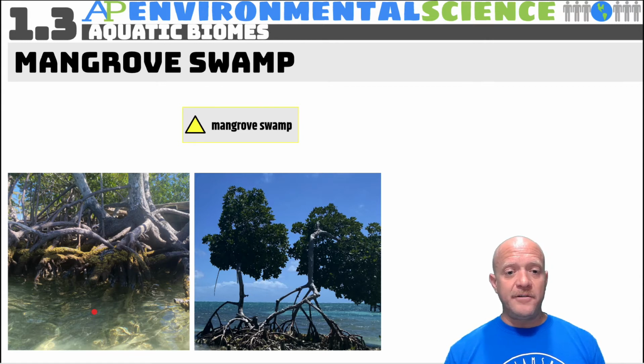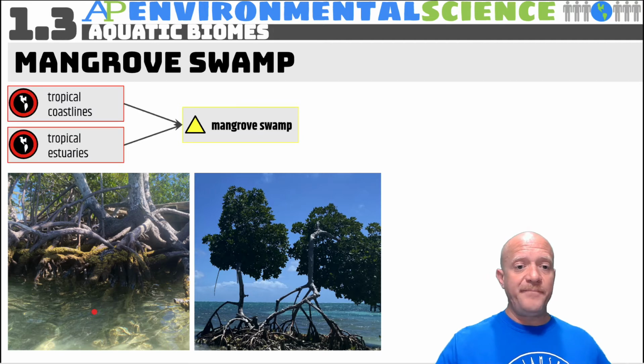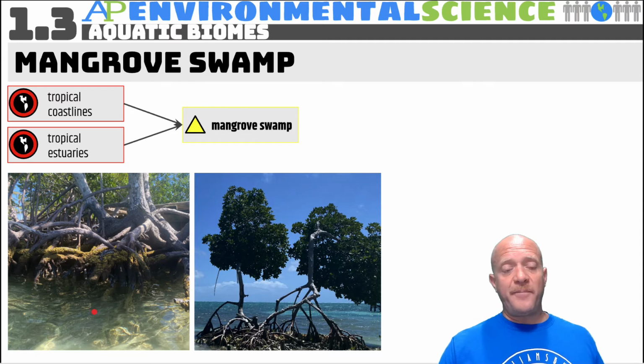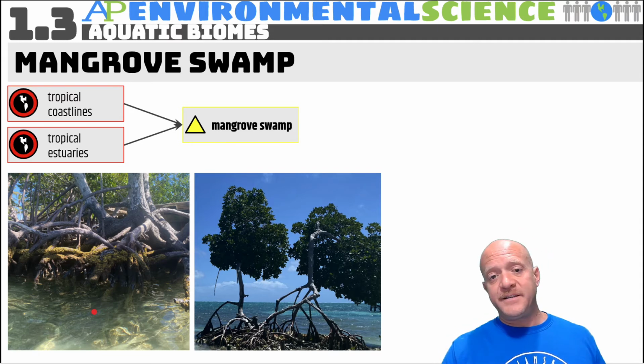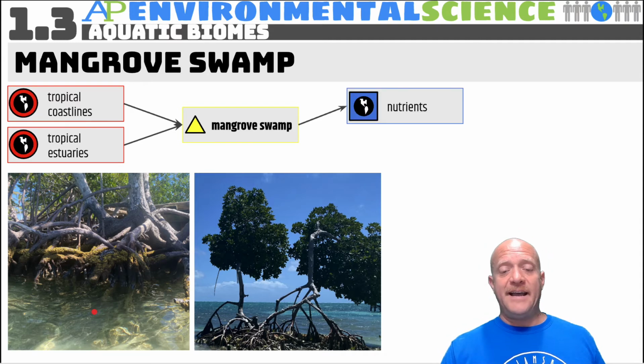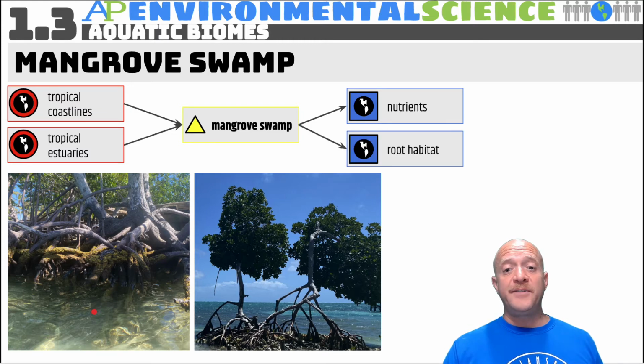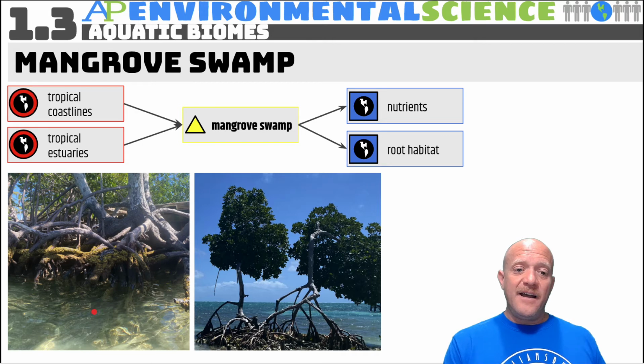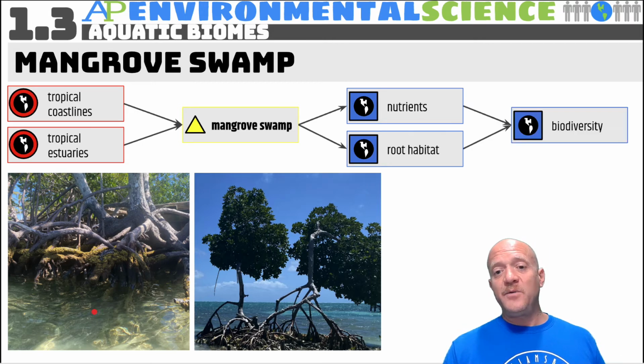Mangrove swamps are typically found in tropical areas around coastal waters, and they are creating this amazing habitat. In tropical coastlines and estuaries, there is a large amount of nutrients, and the roots are protecting different fish species. So you can help to preserve biodiversity.